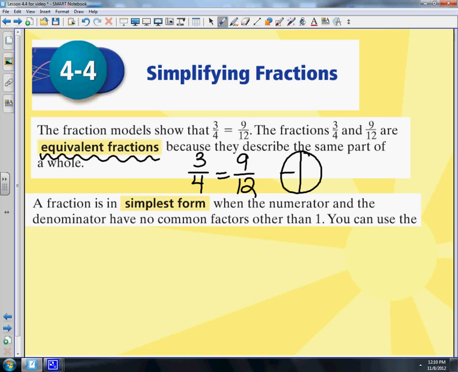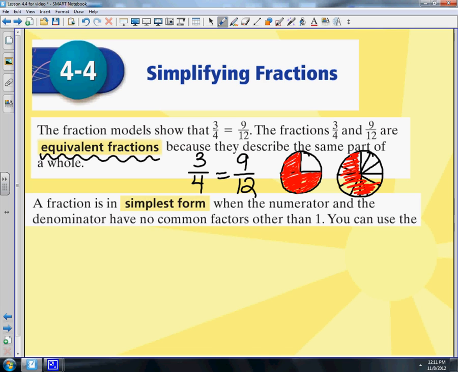If I modeled that, there's my fourths, and there's twelfths. If I shade them off, 3/4 looks like this. You should be putting this in your notes. It looks the same as 9/12.